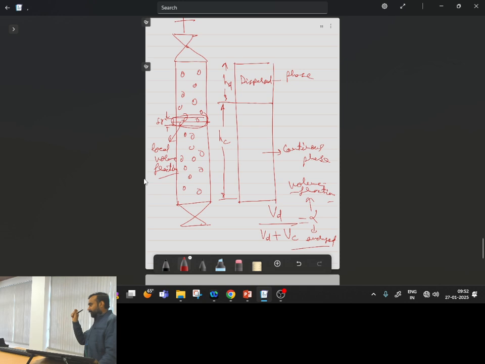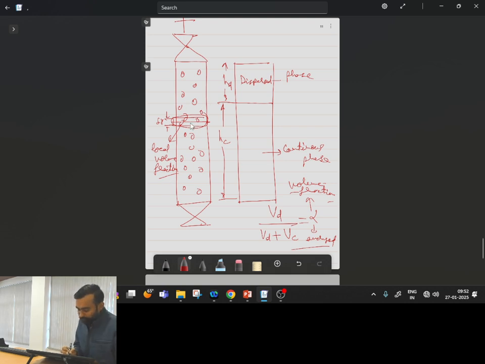Okay. So at a cross section, if I take an infinitely small thickness control volume, whatever volume fraction comes across that will be my local volume fraction. Moreover, because this two-phase flow system is actually very complex, what will be happening?